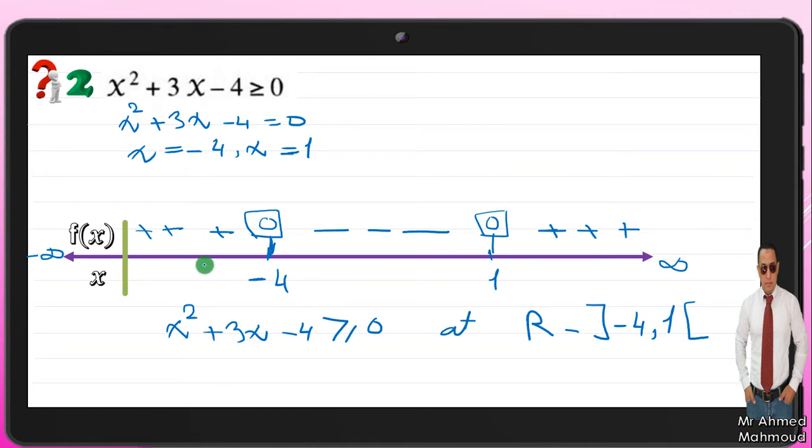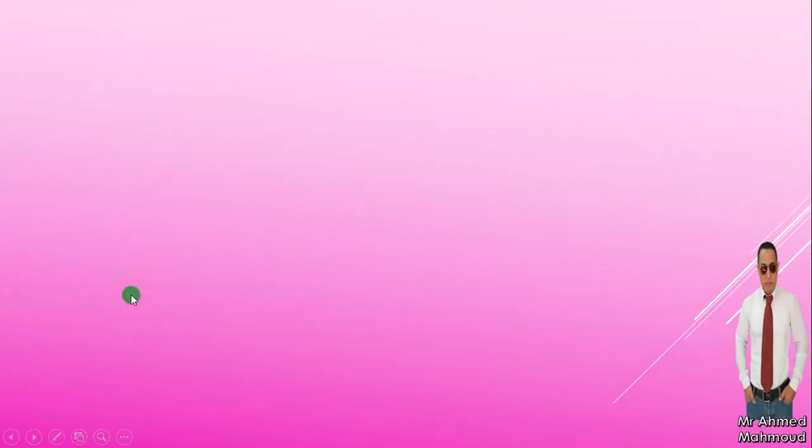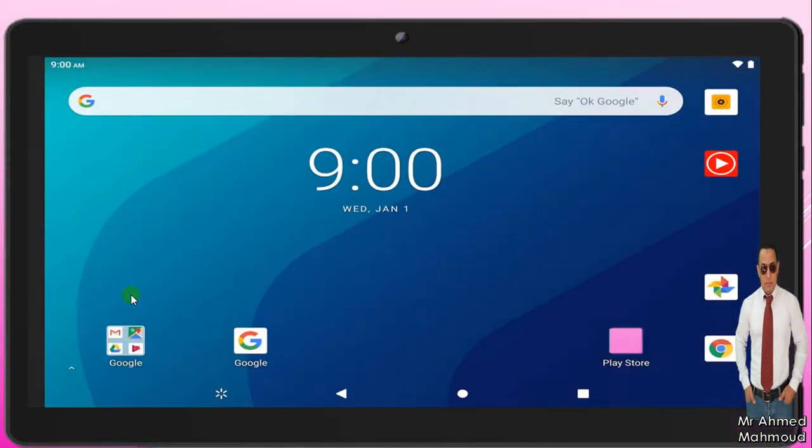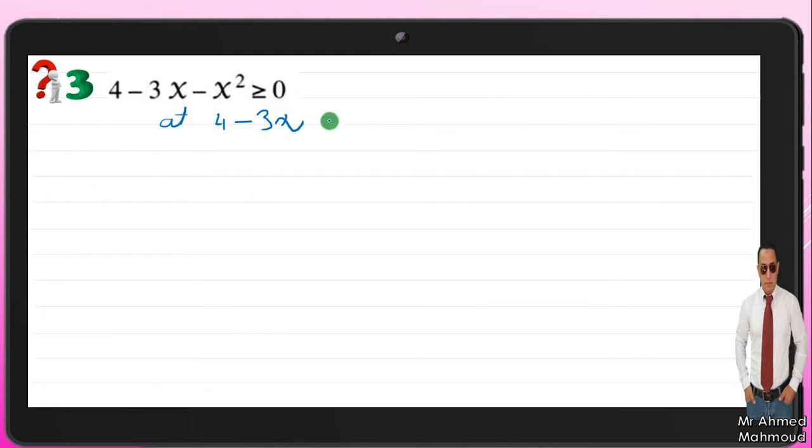Okay, the next example. Number 3, 4 minus 3x minus x power of 2 greater than 0. At 4 minus 3x minus x power of 2 equals 0, x equal 1 and x equal negative 4.